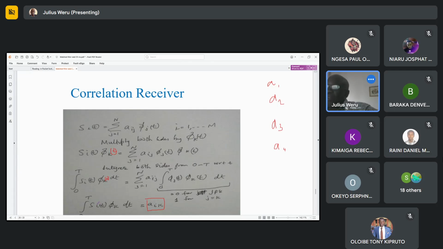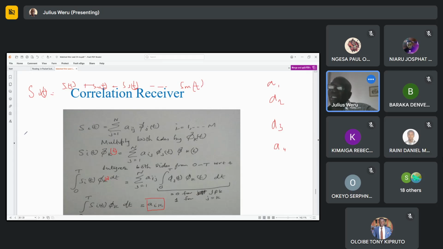So s_i(t) was of course s_1(t) plus s_2(t) plus s_3(t) up to s_M(t).